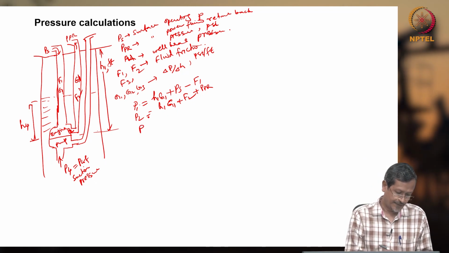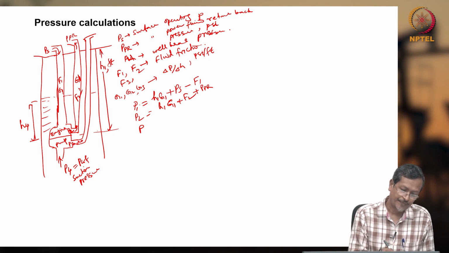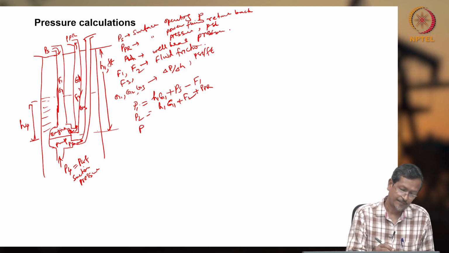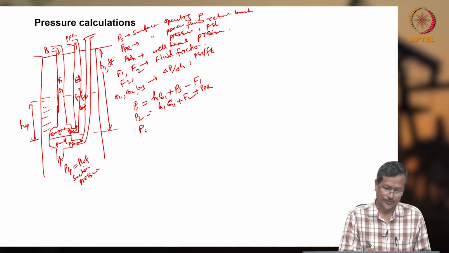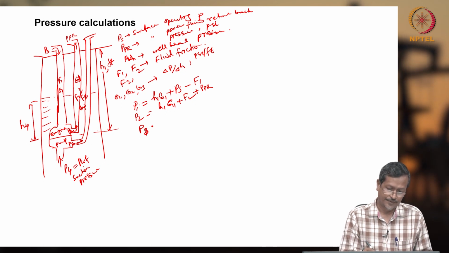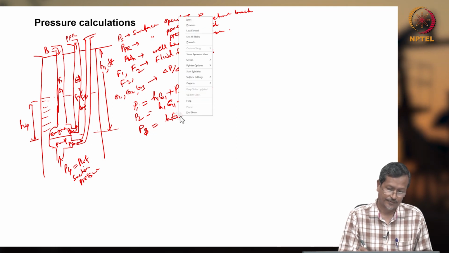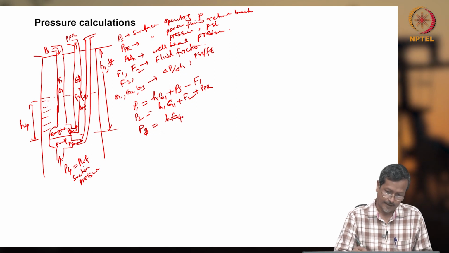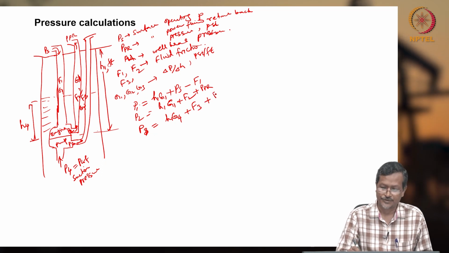P3 is the pump delivering pressure, and P3 uses gradient G4, because the wellbore fluid gradient is different and friction also different. So P3 equals H1 G4, friction force also will be acting, plus wellhead pressure.